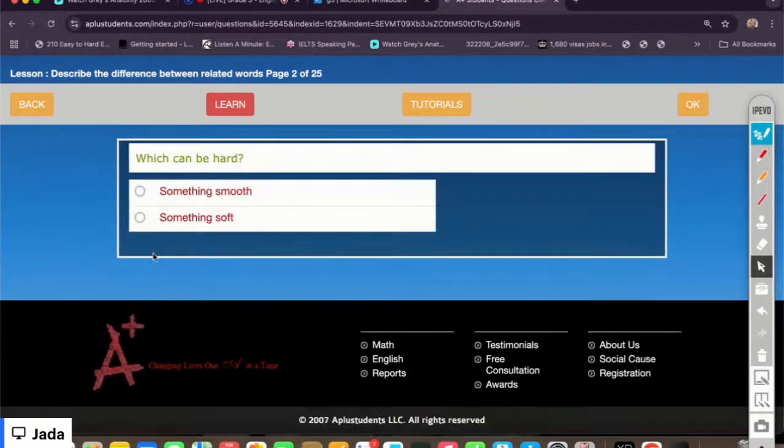And then we have which can be hard, something smooth or something soft. Which one is hard?